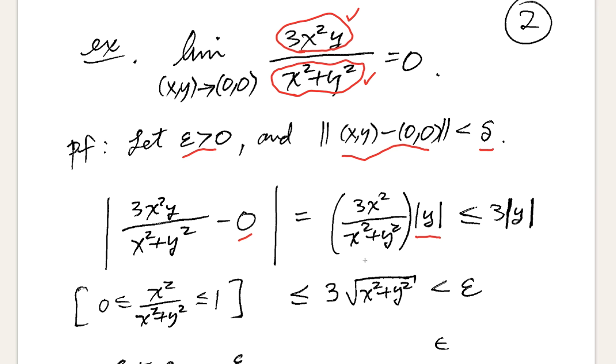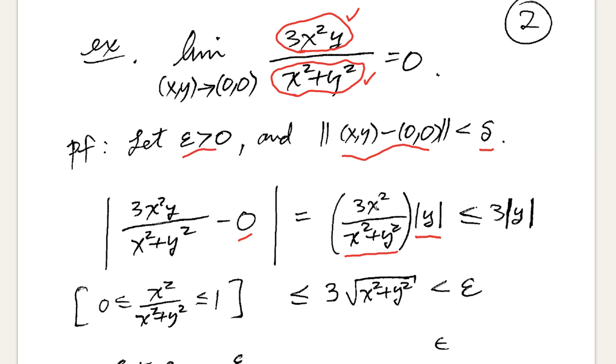Now, just for some quick reasoning, this is a little exercise for you. It's not much of one. But can you see why this quantity in parentheses is always going to be less than or equal to 3? Let's discuss quickly why. Well, you know that 3x squared divided by x squared would just be 3.